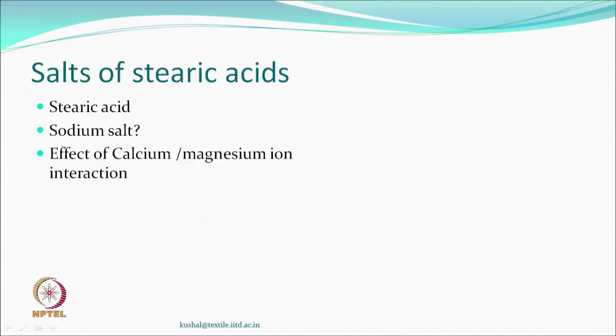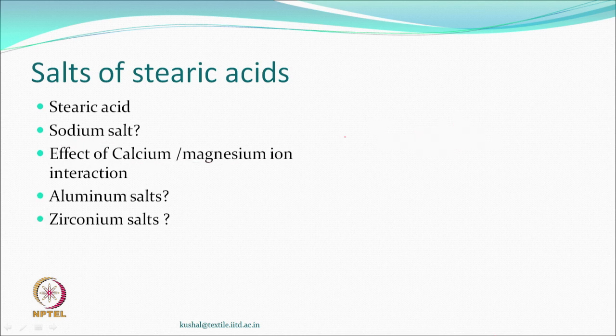So, if the sodium salt gets replaced by calcium or magnesium salt, you get precipitation, right. That means they are not water soluble anymore because of the bivalent nature of these ions. So, this interaction if it happens, then the sodium salt gets replaced by the calcium or magnesium salt and they become relatively water insoluble. So, what it means is the durability could be increased, that is one.